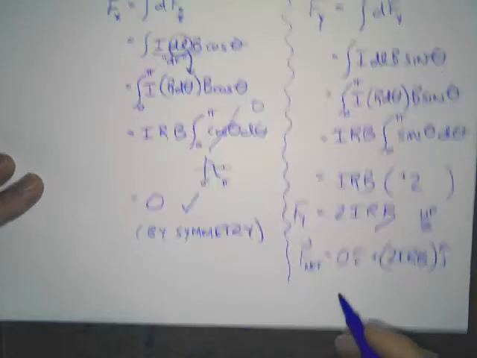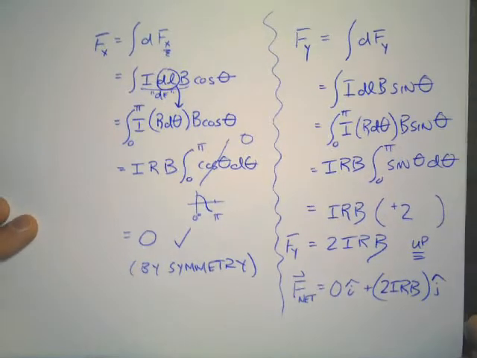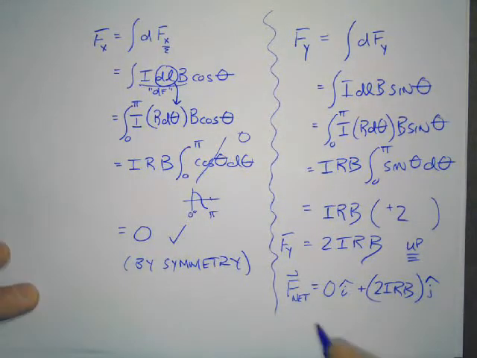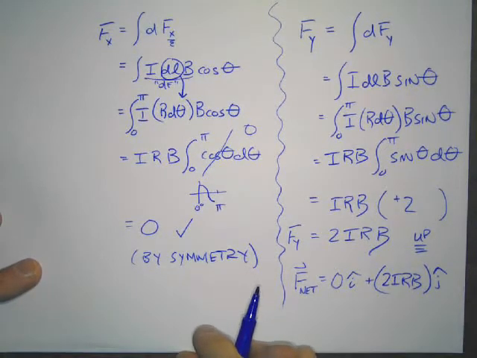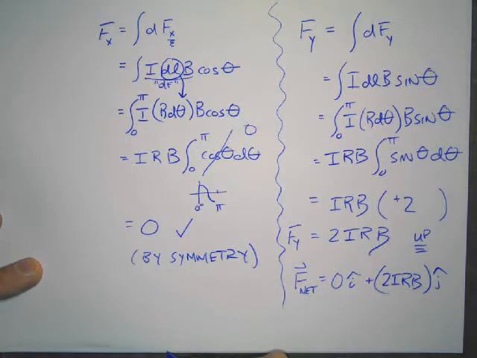So the last thing I'll just comment on is that what's kind of interesting about the solution and the problem is that you can get the exact same force on this semicircle by simply replacing it with a wire that has a length equal to 2r.